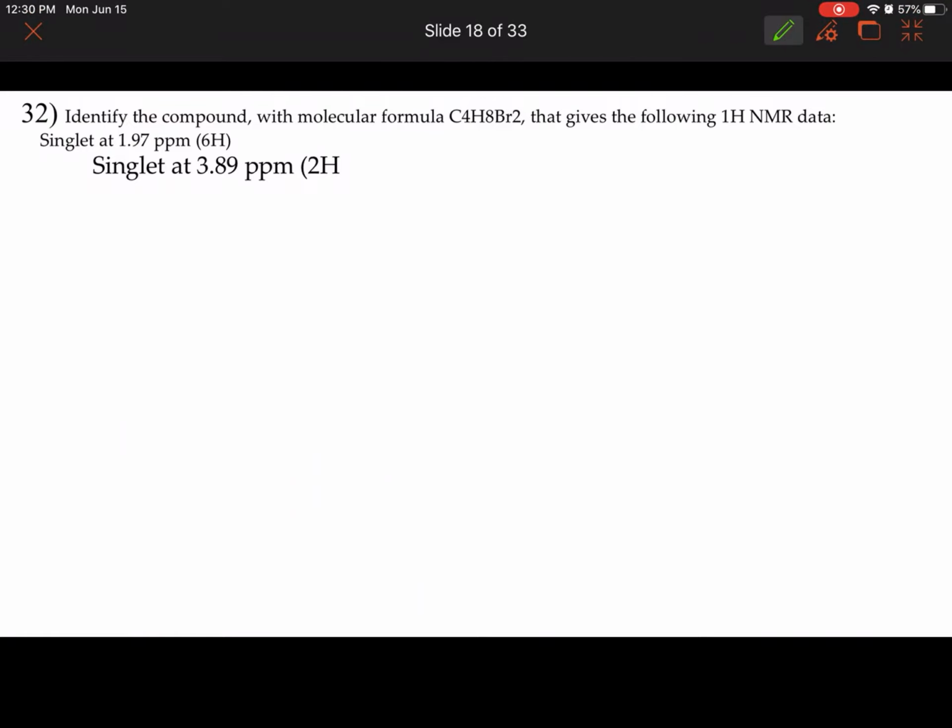If it is a 6 hydrogen singlet, we can assume that there are 2 sets of 3 hydrogens, singlet. And the middle carbon should not have any hydrogens on it. If it does have a hydrogen, that 6 hydrogen signal would have to be a doublet. But since it's a singlet, that carbon cannot have any hydrogens on it.